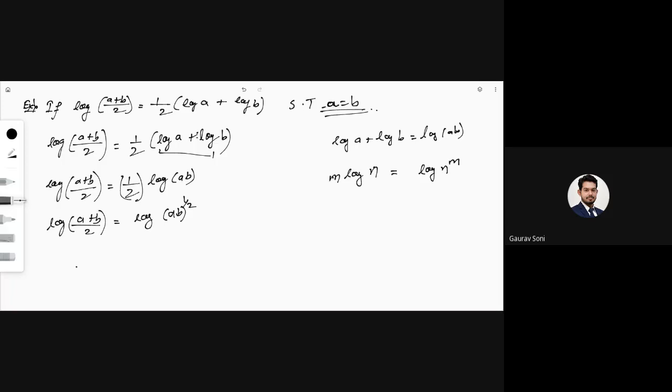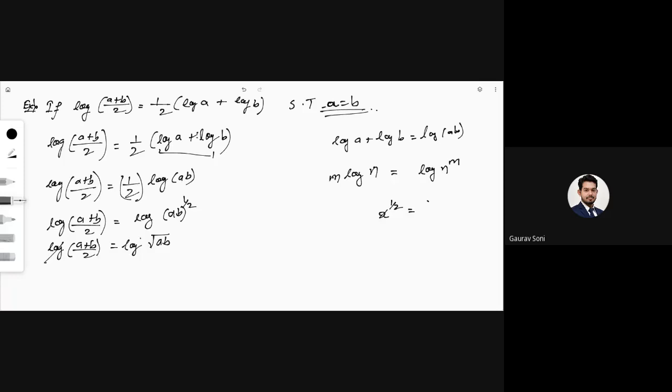What do you mean by AB raised to 1 by 2? X raised to 1 by 2 is nothing but root x. So log of a plus b by 2 is equal to log of under root AB.